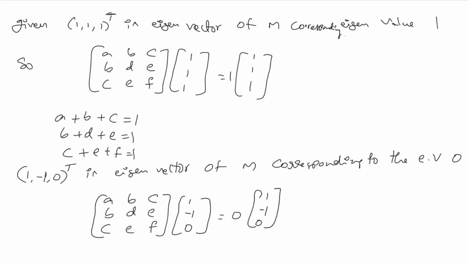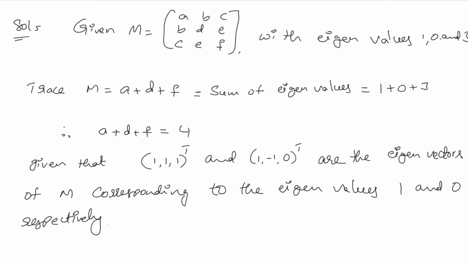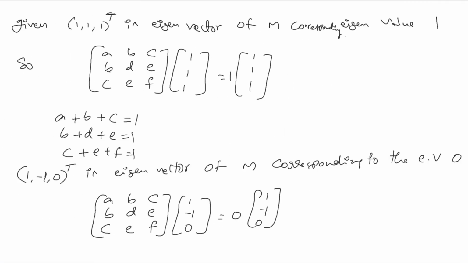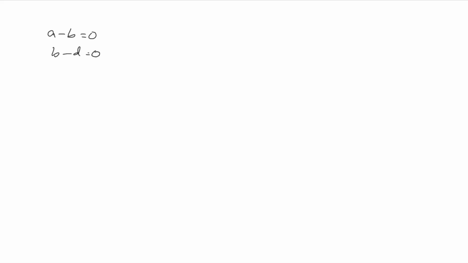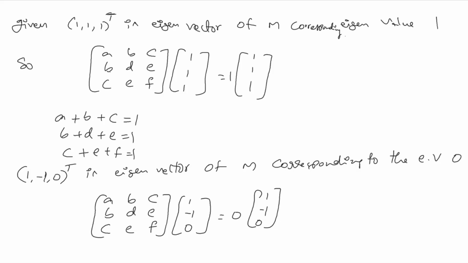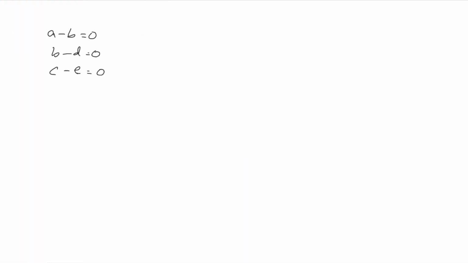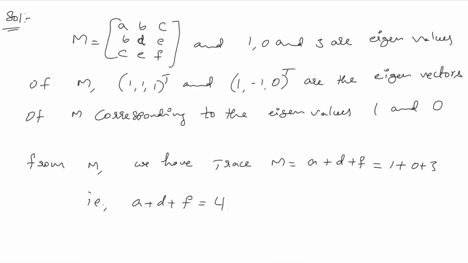By solving this matrix multiplication we get A minus B equal to 0, B minus D equal to 0, and C minus E equal to 0. Hence A is B, B is D, and C is equal to E.